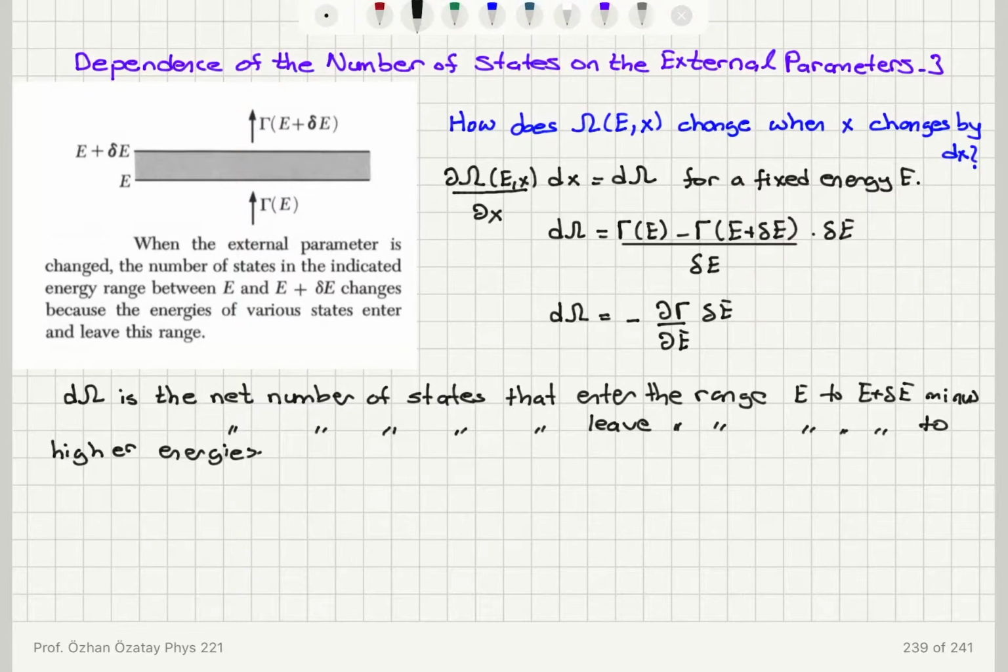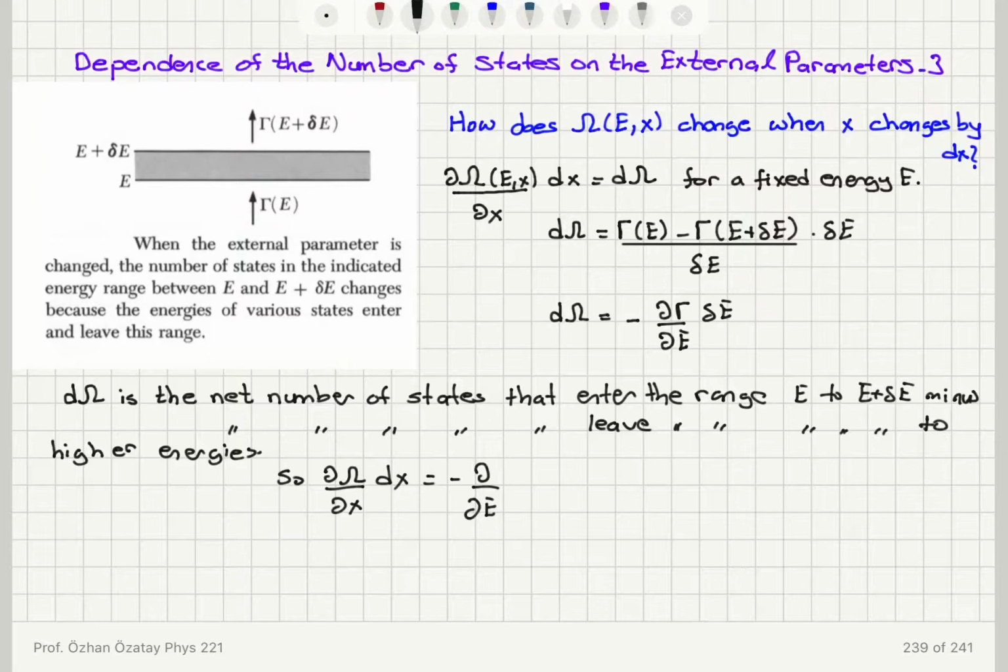So you can see that del omega del x dx, for a fixed energy, this is the change in omega, this is minus the derivative with respect to energy of gamma delta E.